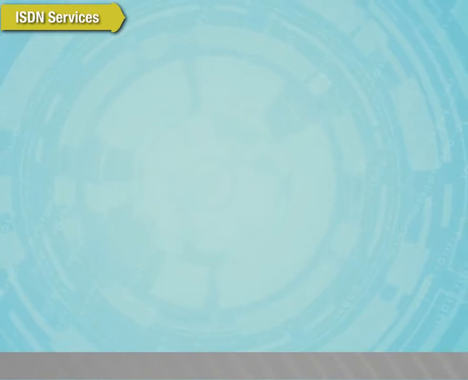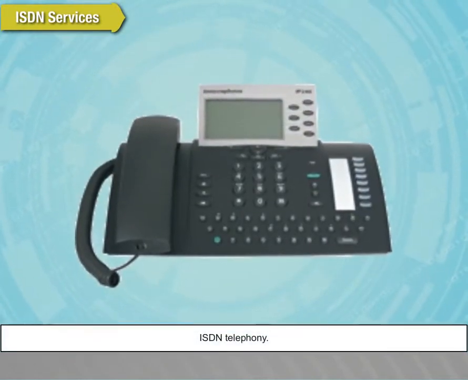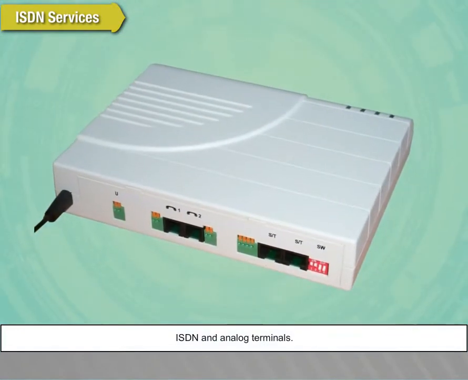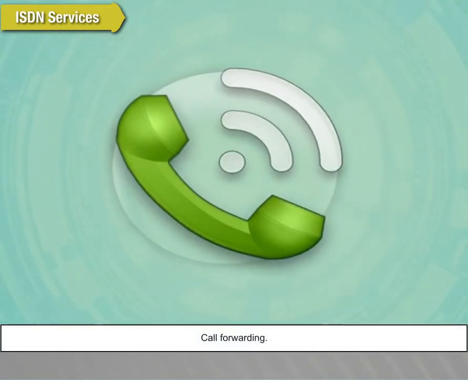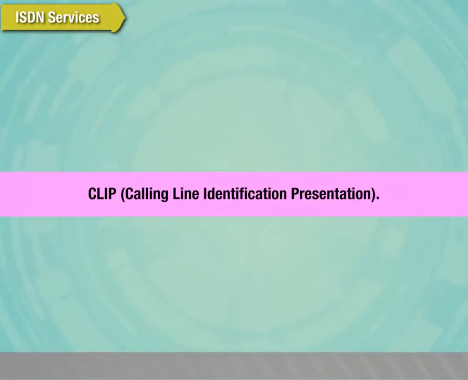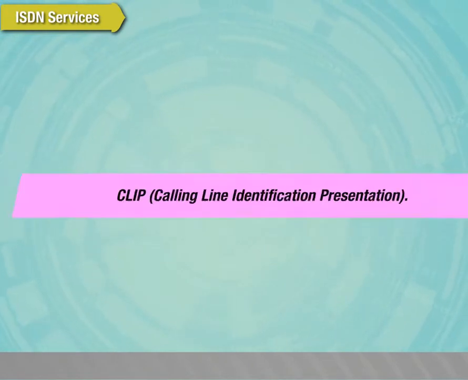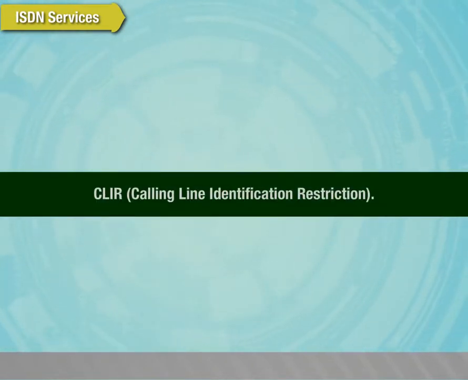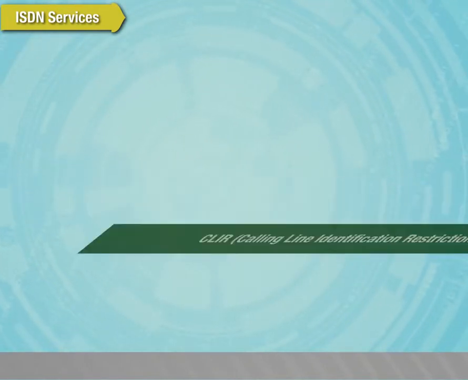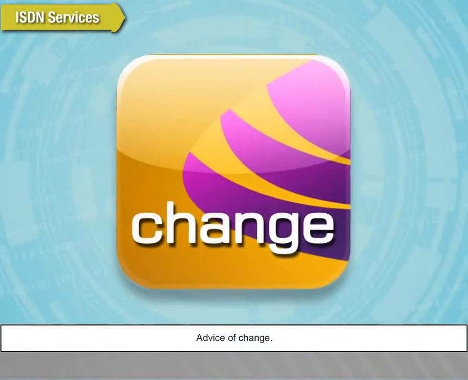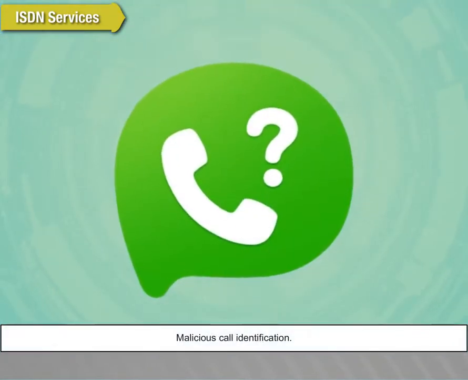ISDN services: ISDN telephony, ISDN telecopy, ISDN and analog terminals, call forwarding, call waiting, CLIP, that is calling line identification presentation, CLIR, that is calling line identification restriction, three-party conference, advice of charge, malicious call identification.